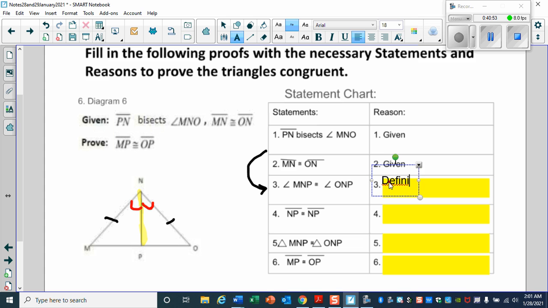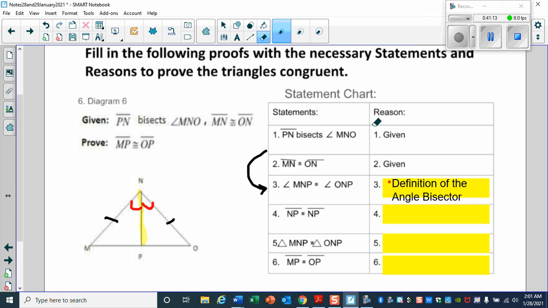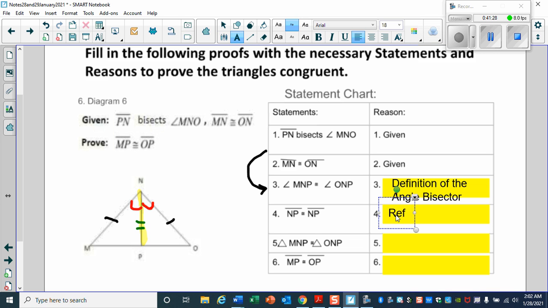That's the definition of the angle bisector. Now from there, NP is congruent to NP. So, boom, there you go. And that's the reflexive property.